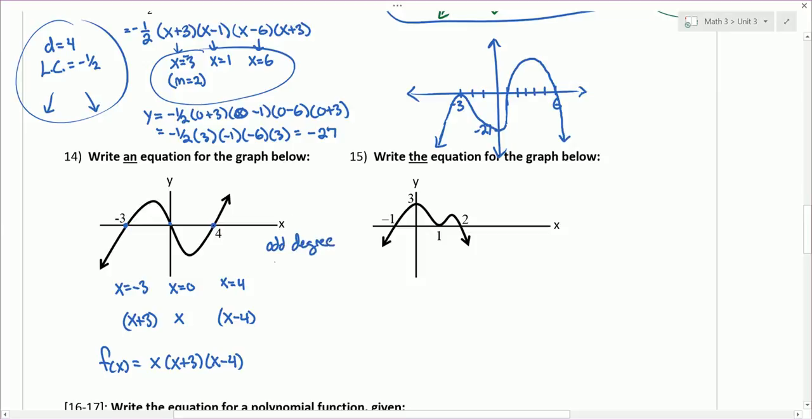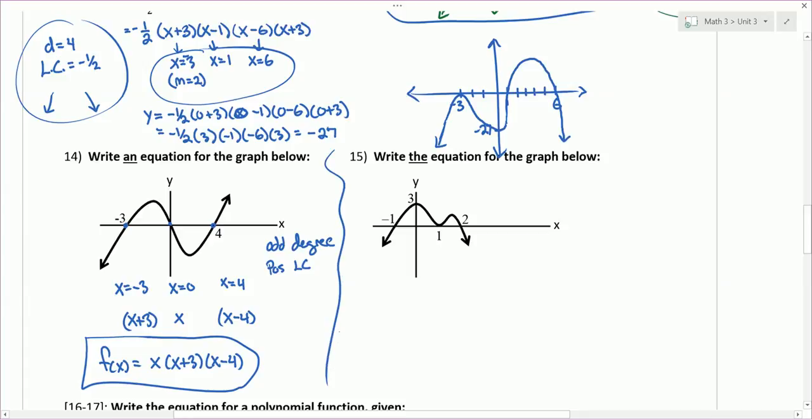And because the right side's pointed up, we need a positive leading coefficient. And we have that. So this works. I could also put the number 2 in front of the x, it would still work. So there's more than one possibility here.